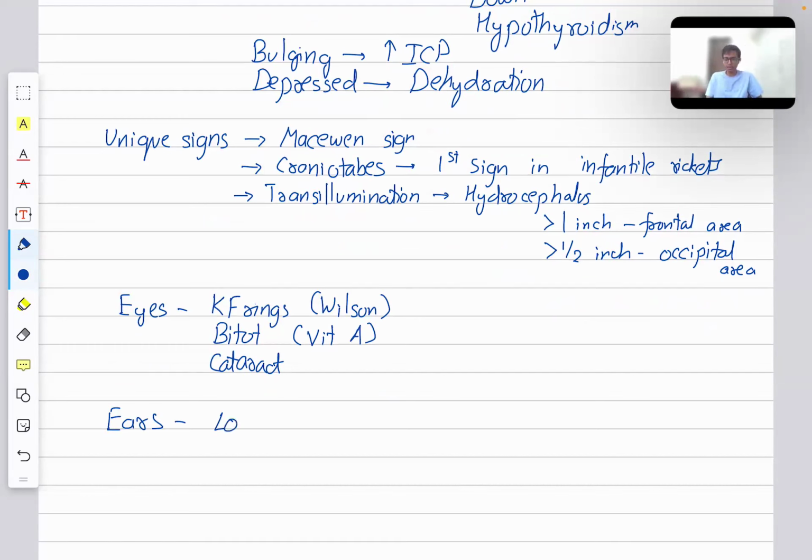The child may have low set ears seen in Down syndrome. So when do you call it low set ears? Where you draw a horizontal line from the palpebral fissure, if the whole of the auricle lies below it, then you call it low set ears. Other deformities may be in the form of microtia, skin tags, or pre-auricular sinus.